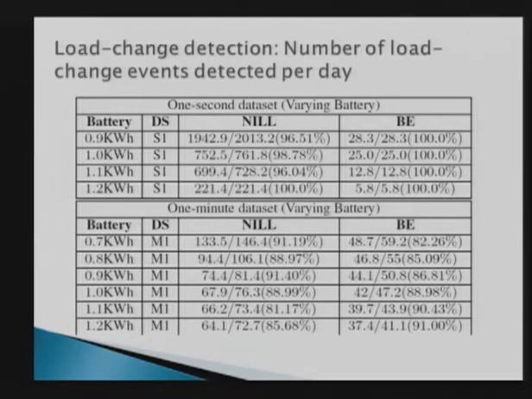So we can see from this table that our attack is pretty accurate. There's a difference between the upper side and the bottom side of this table, because this is the events detected per day. The 1 minute data set is 60 times shorter than the 1 second data set, so we can see the number here is smaller.